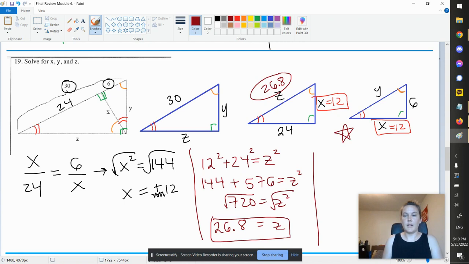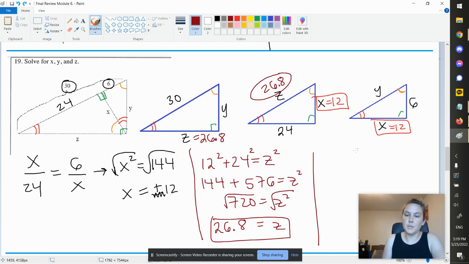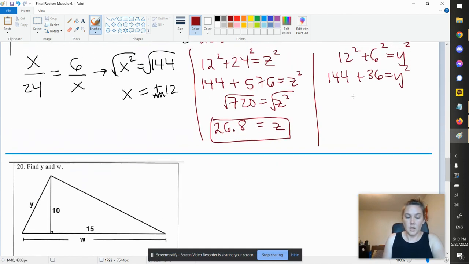Same thing for this one. I can do the Pythagorean theorem, so I will. Honestly, once I have that this is 26.8, I can do the Pythagorean theorem here as well. I'll do it over here. I'm going to get 12 squared plus 6 squared equals y squared. 144 plus 36 equals y squared. Oh gosh. 144 plus 36 is 180.